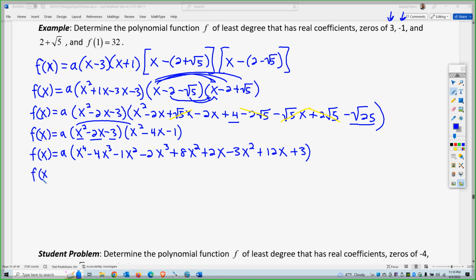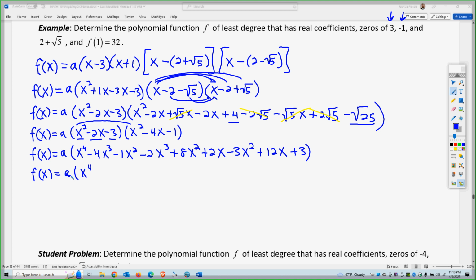So f of x equals a. So I have x to the 4th. That's a bad a. Let me make a better a than that. Okay, so if I do the 3rd, I have minus 4, minus 3, and minus 3. No, I'm sorry.